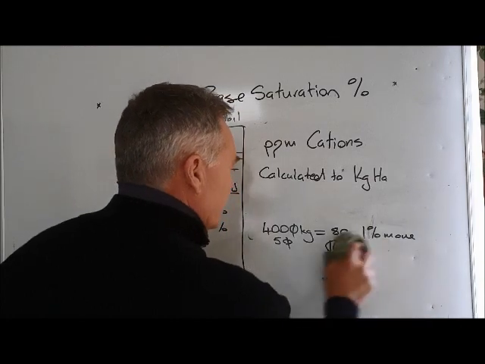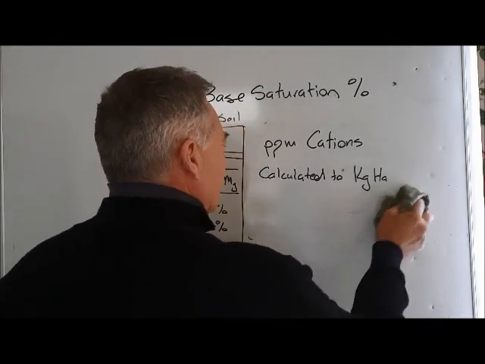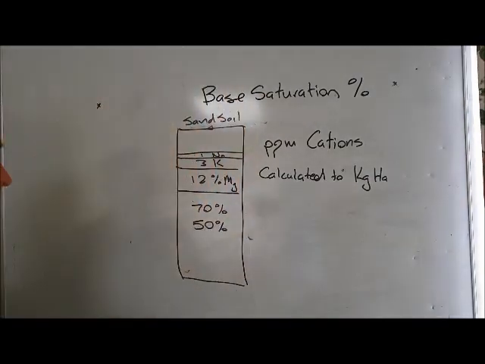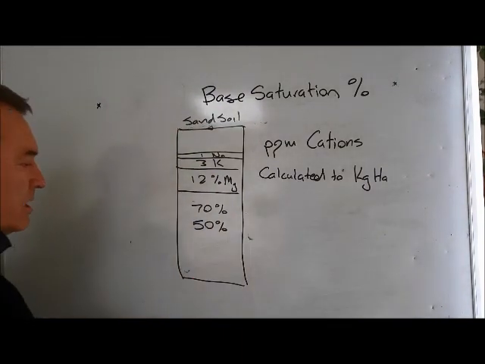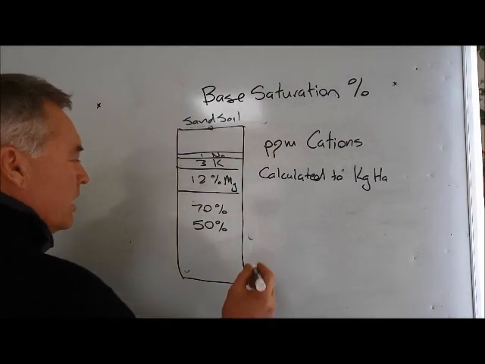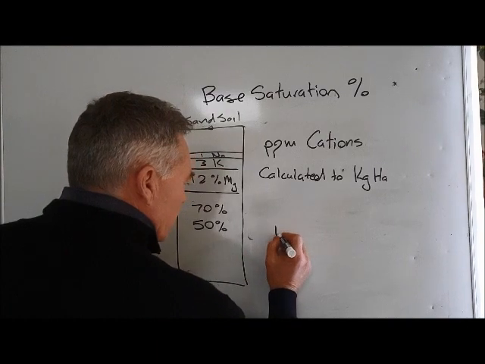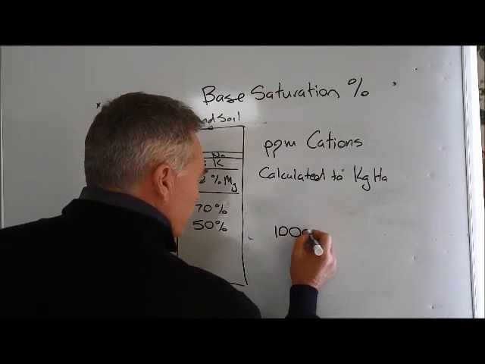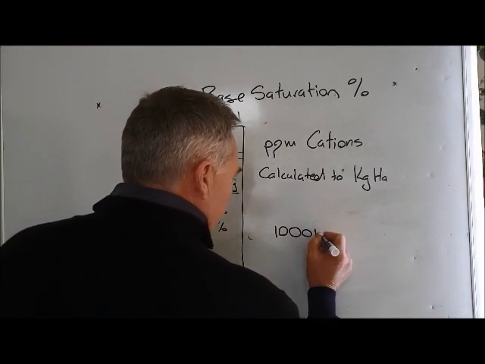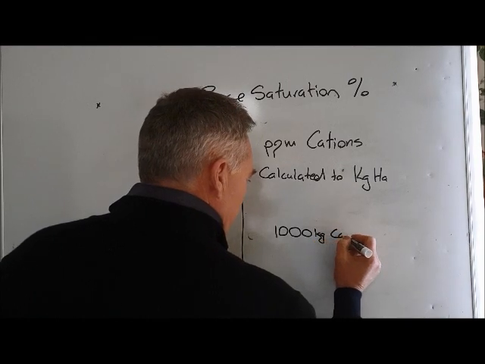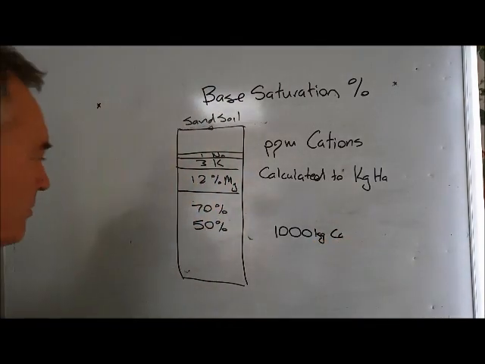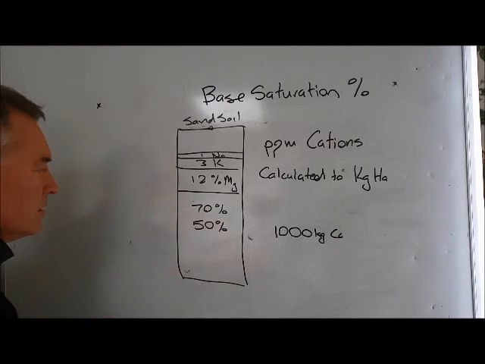Now, if you take the equation of a cation exchange capacity of 4, at 50%, you're looking at maybe 1,000 kilograms of calcium a hectare. And you want to move 20 points.